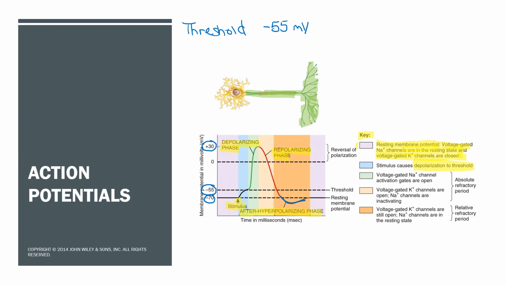The voltage-gated sodium channels are activated, they open, and a lot of sodium just rushes into the cell, bringing the cell potential positive very, very quickly, as you can see here in this depolarizing phase. Because that sodium all rushes into the cell so quickly, the inside of the cell becomes positive very quickly from that sodium influx. And this is the depolarizing phase.